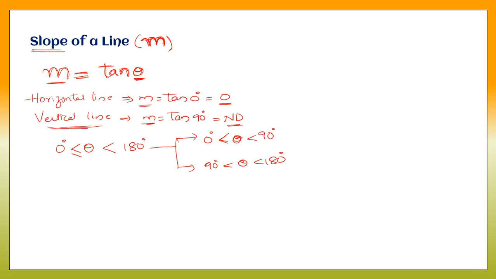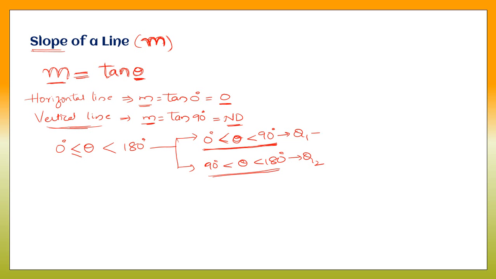In the first quadrant tan is positive. In quadrant number 1 tangent is positive, and in quadrant number 2 tan is negative.